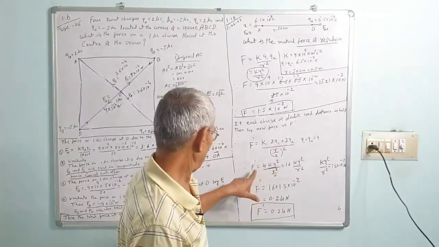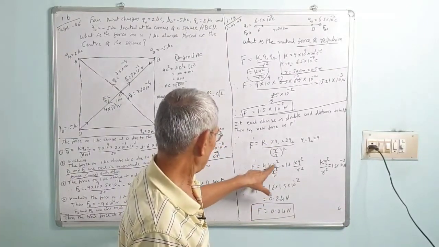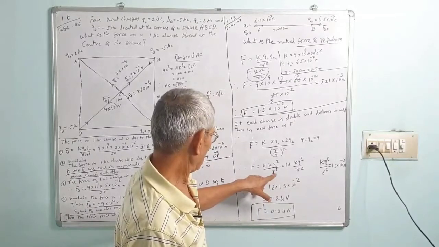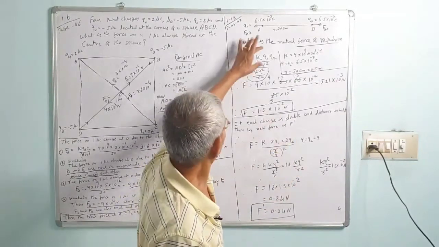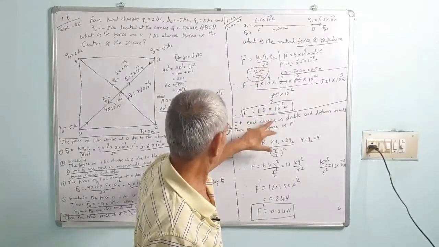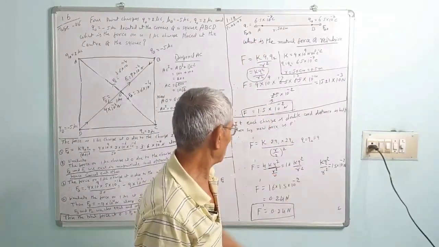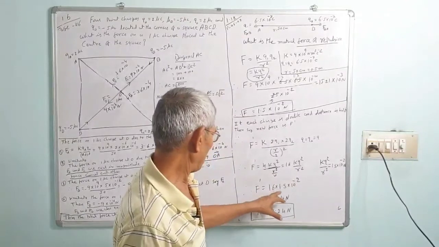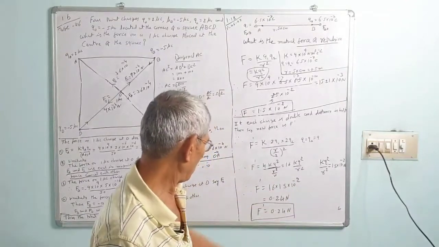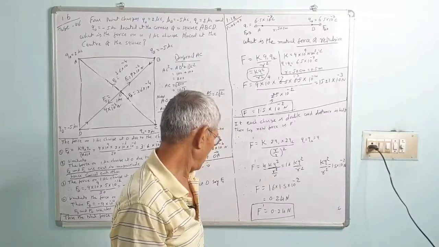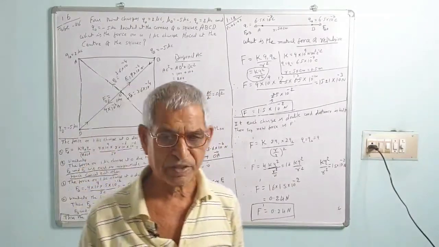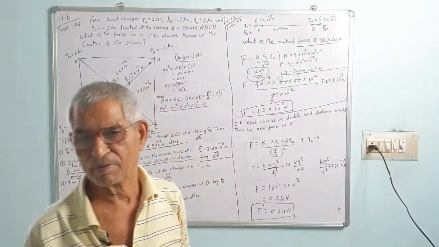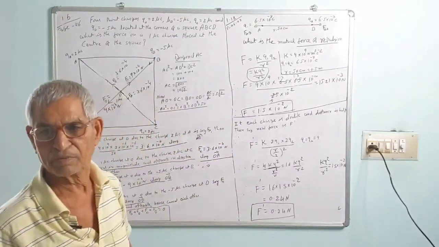You can simplify this: that comes to 4kq square upon r square by 4, that is 16 kq square upon r square. We have already calculated 1.5 into 10 to the power minus 2, so 16 multiplied by 1.5 into 10 to the power minus 2 comes to about 0.24 newtons. Thus, when each charge is made double and distance is half, the force will become 16 times.